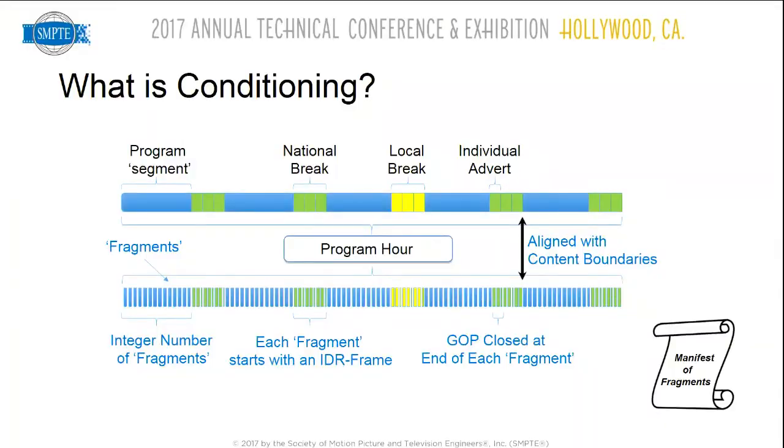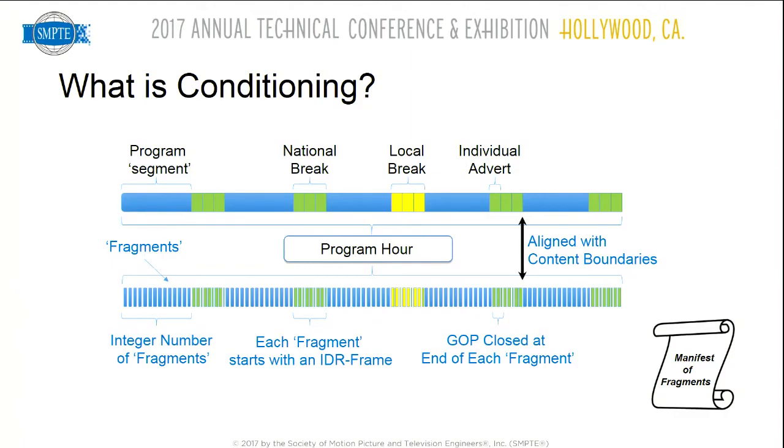That ends up being the first frame of the first segment. And you want to close off the group of pictures, the GOP, at the end of each fragment. And of course, this is all nicely aligned with the content boundaries.